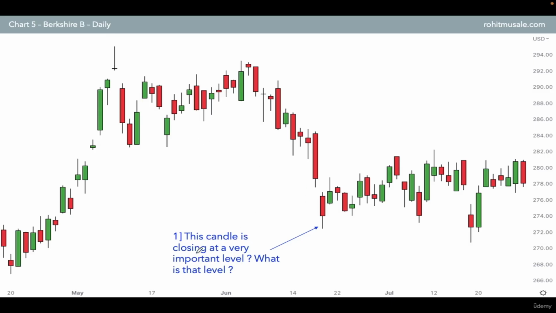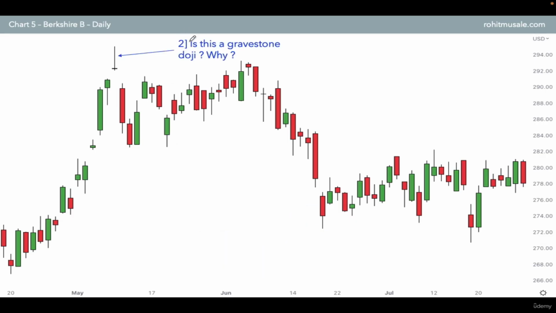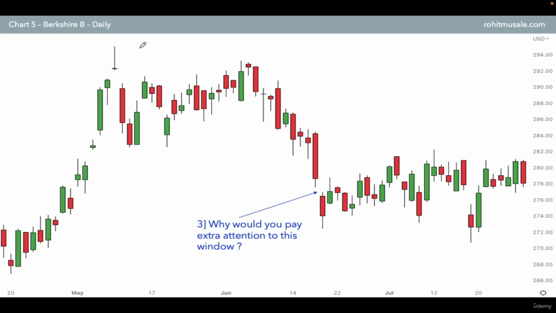This candle is closing at a very important level. What is that level? So we are looking at this red candle. Number 2, is this a gravestone doji? Why? So this candle. Number 3, why would you pay extra attention to this window? So of course there is a falling window here, but why would you pay extra attention to that window?